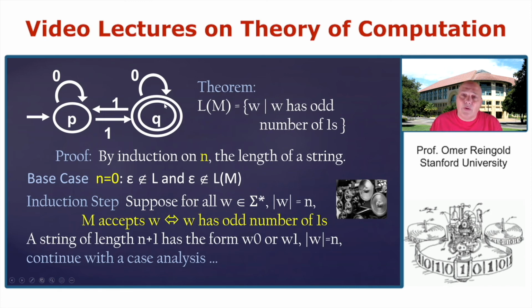On the other hand, a 1 means that it no longer has an odd number of ones, and it will move it to a reject state. So looking at the four cases in the case analysis, we can show that a string of length n plus 1 is accepted if and only if it has an odd number of ones.